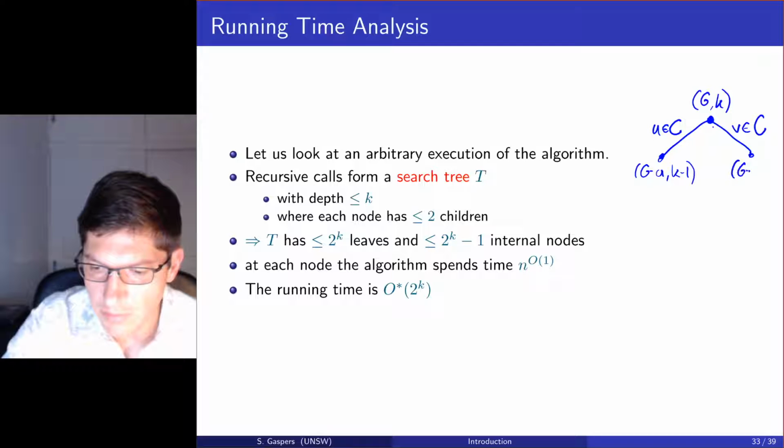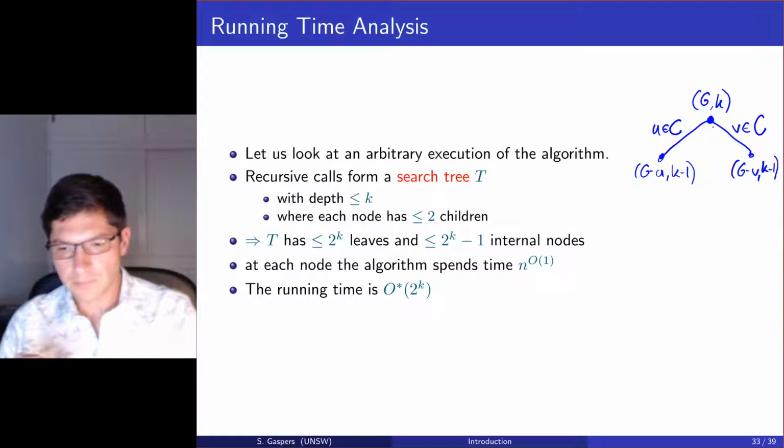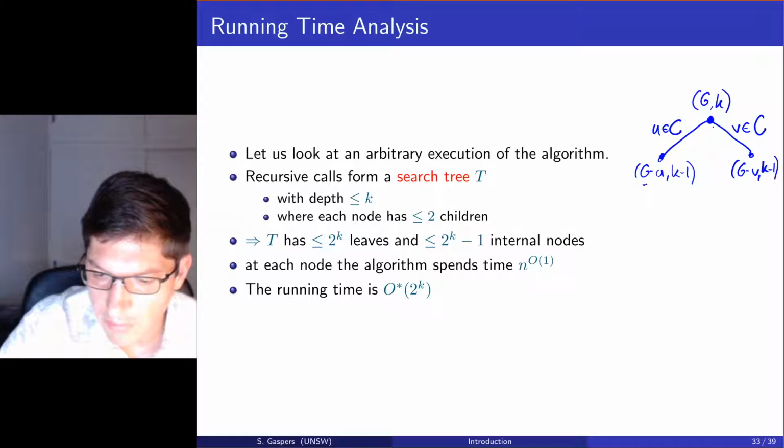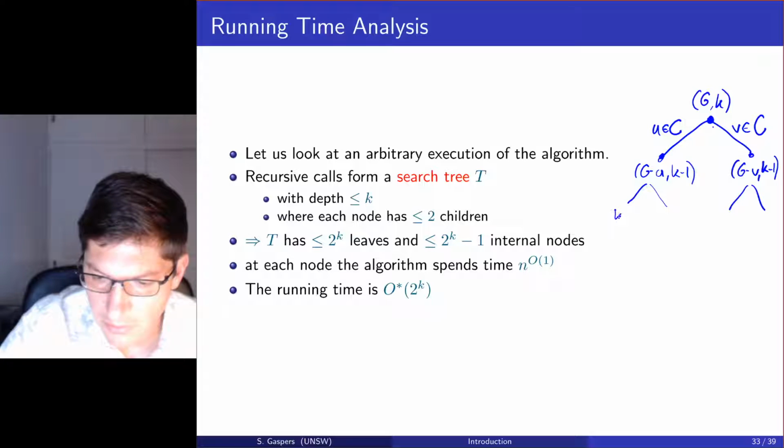And here we have G minus v, and the parameter is also k minus 1. Okay, and so this goes on. Maybe this one makes further recursive calls, this one as well, and here, let me just record the parameter. The parameter becomes k minus 2 at this level.